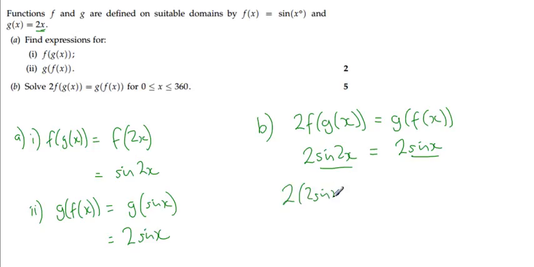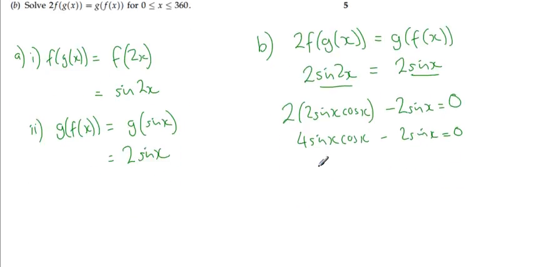So substitute in and then set it to 0 to factorize. So we'll subtract 2 sine x from both sides. So that's 4 sine x cos x minus 2 sine x equals 0. You have a common factor there. So 2 sine x comes out, and then you're left with 2 cos x minus 1 inside your bracket. So that means either sine x is 0 or cos x is equal to a half.